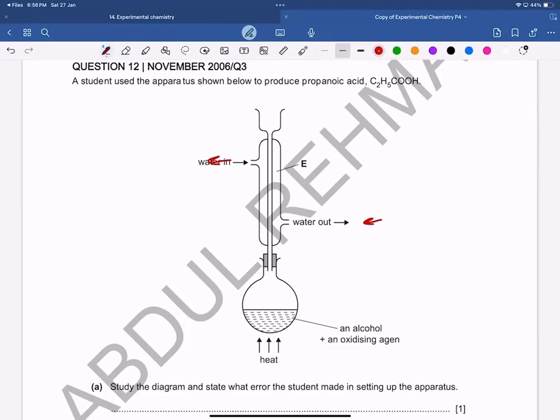If you recall the water movement, water enters over here and gets out from here, so it is moving in the upward direction. Here they are moving the water in the downward direction. The water always moves from down to up.